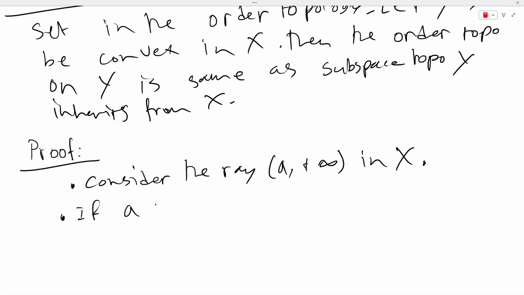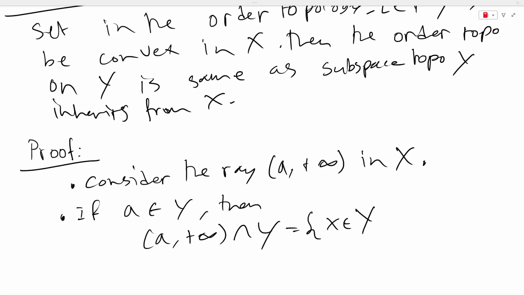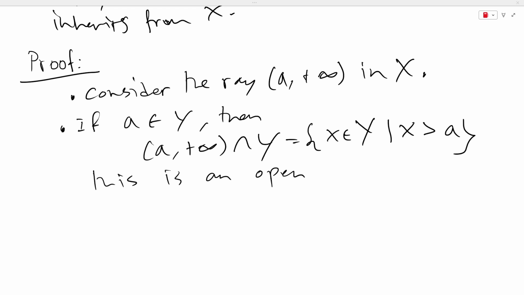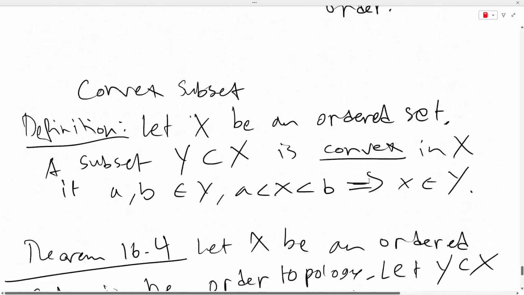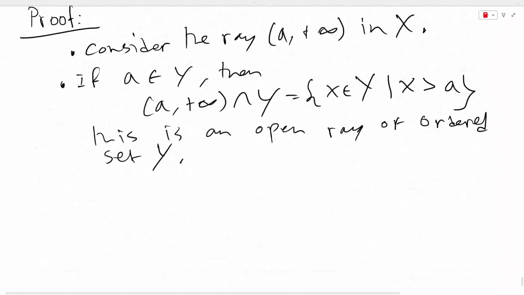If a is in Y, then if you take the intersection of this ray with Y, we simply take all x that are greater than a and present in Y. So this is an open ray of the ordered set Y.